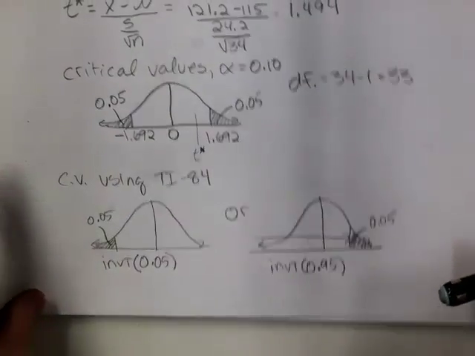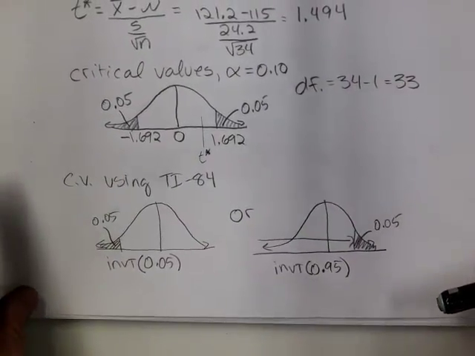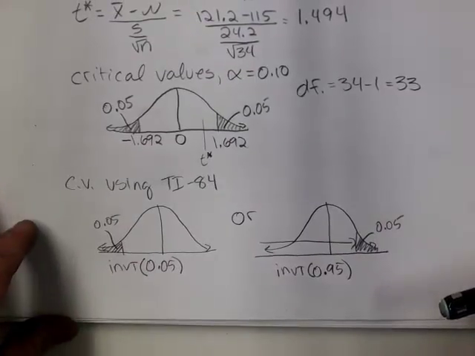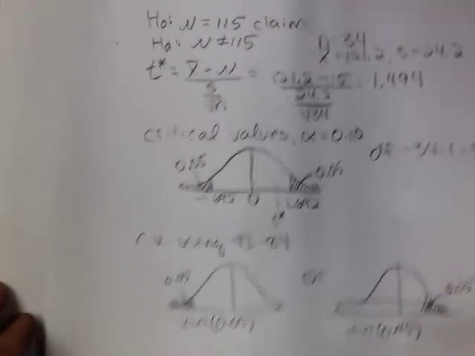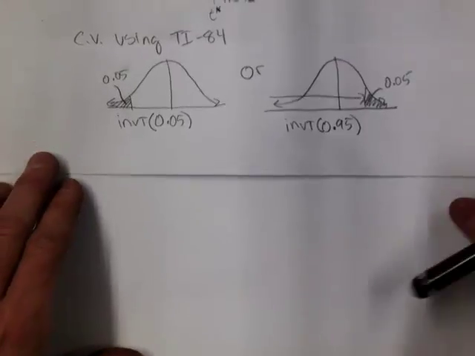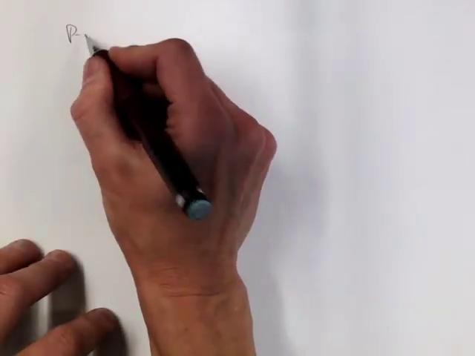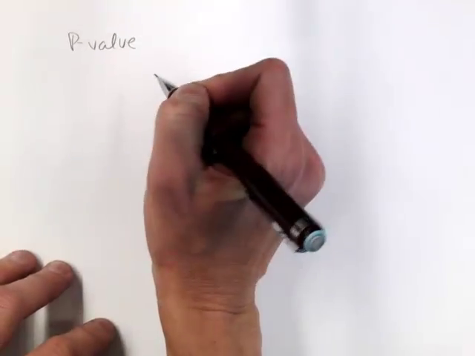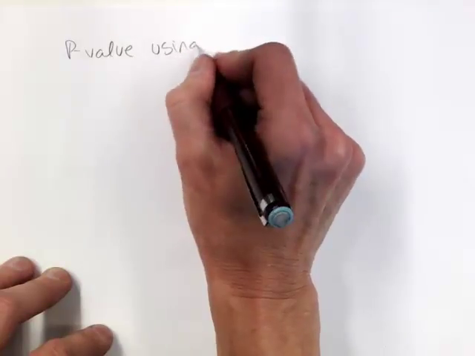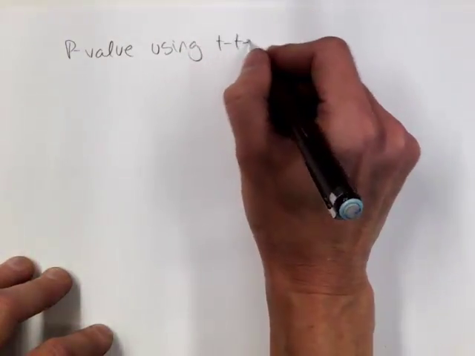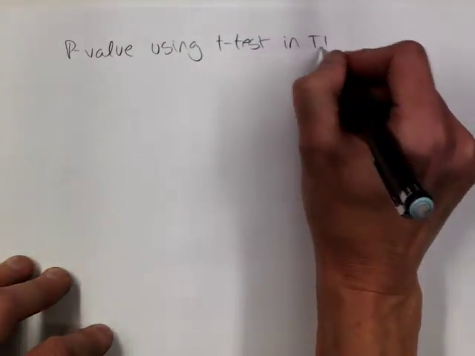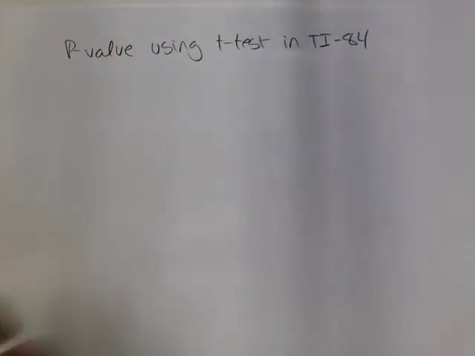Okay, so we need to find the p-value. Now we're not going to use the table to do this. The p-value is the probability of getting a test statistic at least as extreme as the one obtained by the sample. So I'm going to get this in the calculator, using the t-test in the TI 84 or 83.